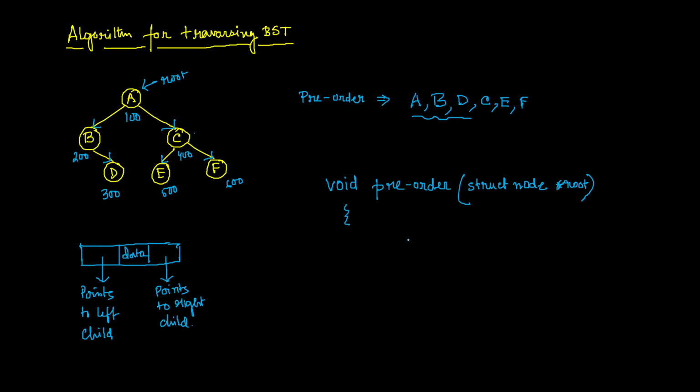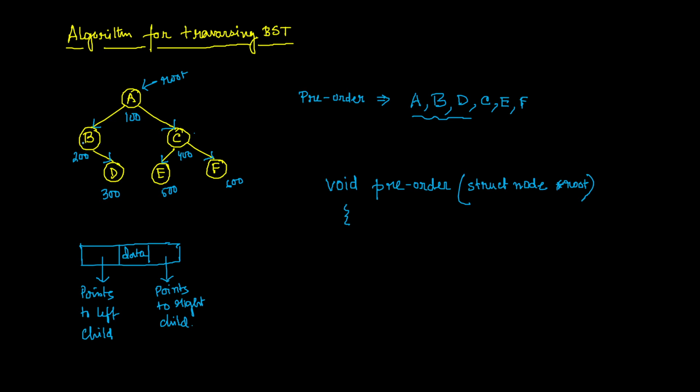And here, the first question will come: where is root pointing? At the first time when pre-order is called, it is pointing somewhere here. Then this root will come downwards, and a time will come when it will go to null. I mean, root will first access this node, then according to pre-order, it should come in the left part.